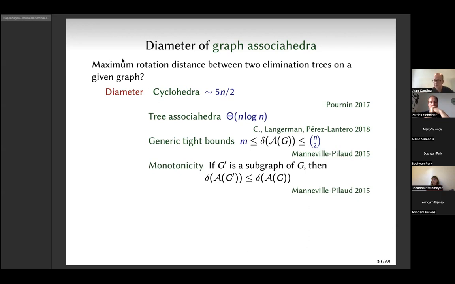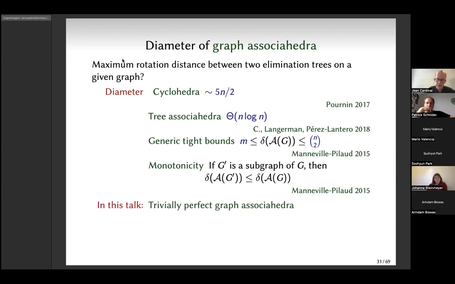They also show a very interesting property, which is already not obvious, that the diameter cannot increase when you take a subgraph. While this might seem innocuous and natural, it is far from obvious, and it's something that we will use in some of the proofs. So there's a monotonicity of the diameter under taking subgraphs.